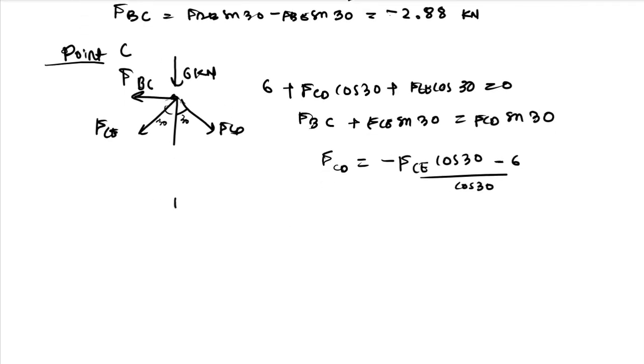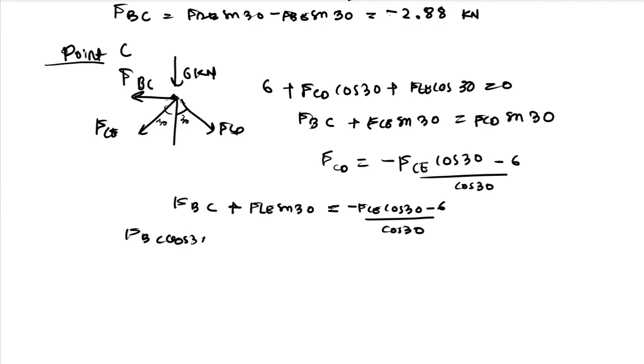If you put it in the second equation, you have FBC plus FCE sin 30 is equal to minus FCE cos 30 minus 6 divided by cos 30. So you have FBC cos 30 plus FCE sin 30 cos 30 is equal to minus FCE cos 30 minus 6.